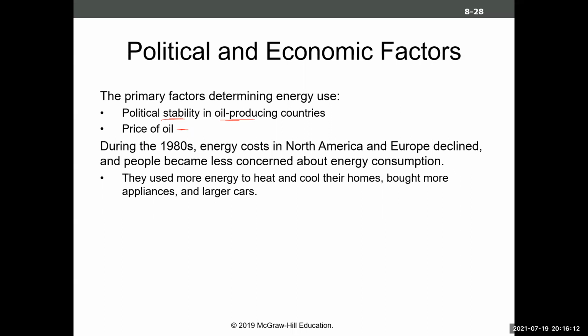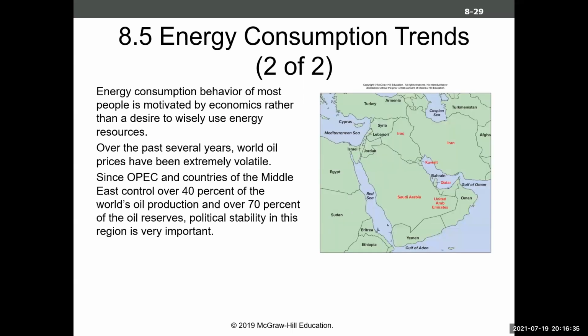So for example, during the 1980s, energy costs in North America and Europe declined, and people became less concerned about energy consumption because of the decrease in those prices. So they used more energy, bought more things, bought more cars, basically because they could afford it, because of the low energy prices.